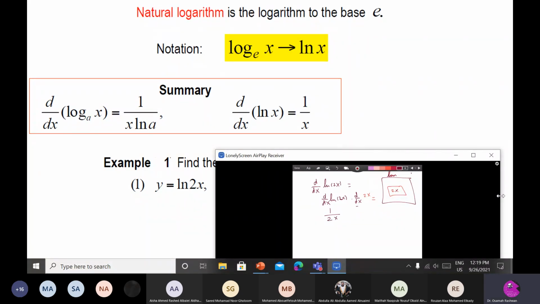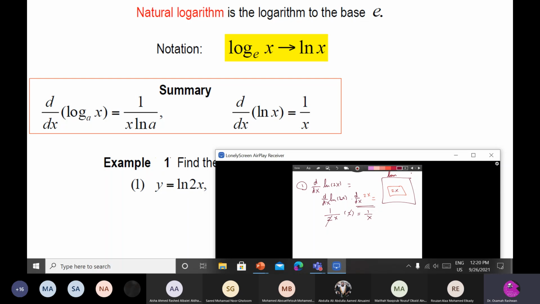And what is the derivative of 2x? 2. So I cancel this out. So I will end up with 1 over x. Okay. Catch it? Okay, this is number 1.